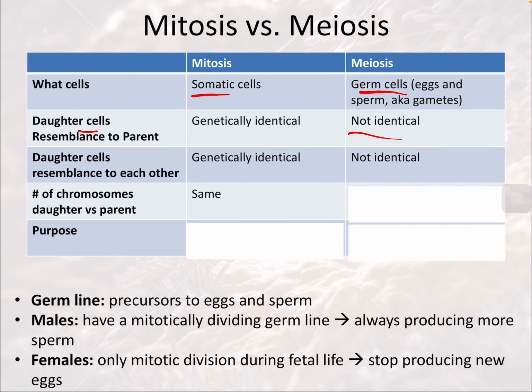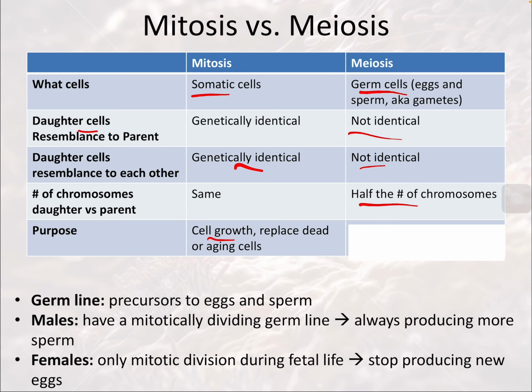Sorry, genetically identical, but then not identical for meiosis. Number of chromosomes, daughter versus parent, same, but then again, half the number of chromosomes after meiosis 2. Okay, the purpose of mitosis is to grow, to replace dead cells, aging cells. Meiosis, the purpose is reproduction.